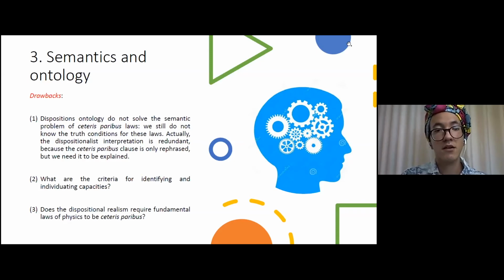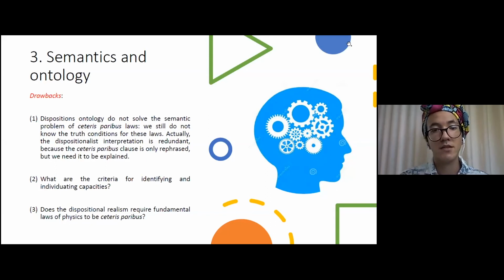We still do not know the truth conditions for these laws, because saying that a capacity is the truth condition, considering that a capacity is an unobservable property, may not solve the semantic problem, especially if we are dealing with an empiricist philosopher who does not believe in dispositions.